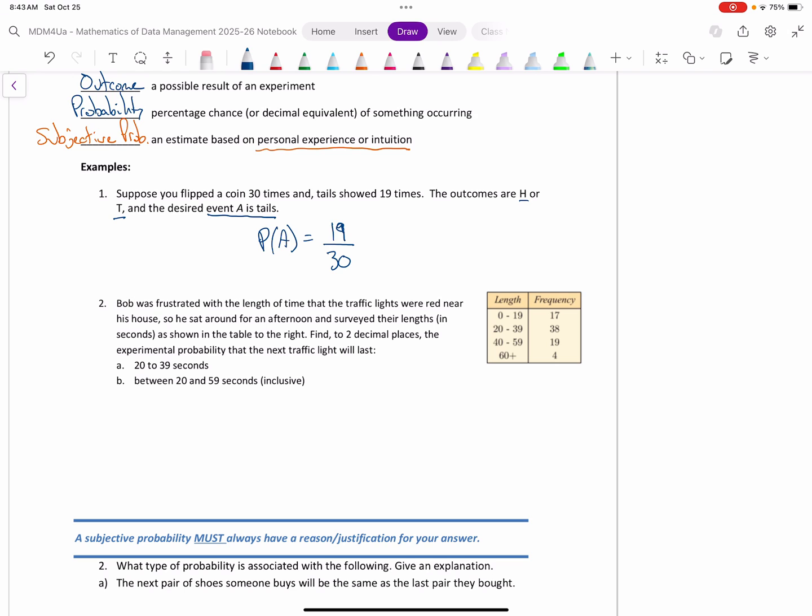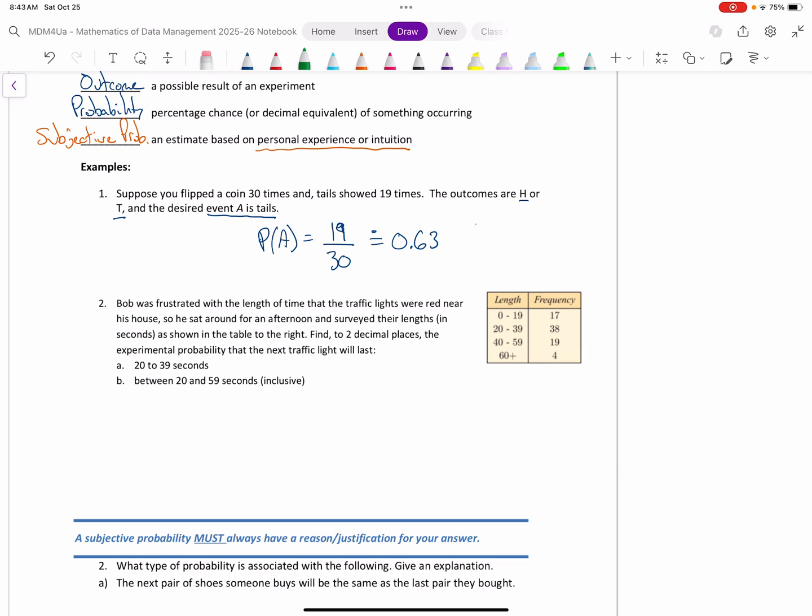I could technically just leave it like that, or I could represent it as a decimal. Either is fine. Let's say we round it to 2 decimal places. I get approximately 63% or 0.63.